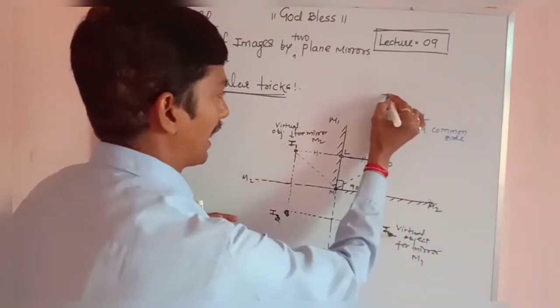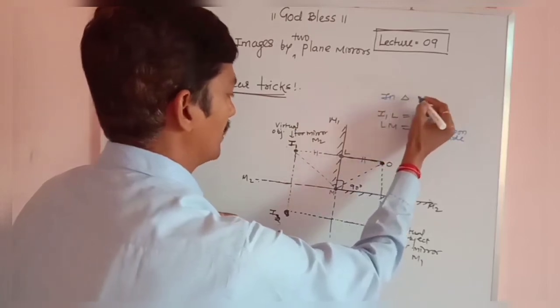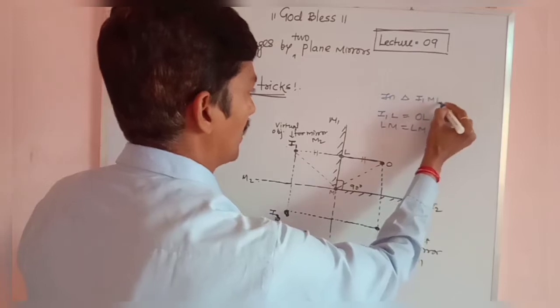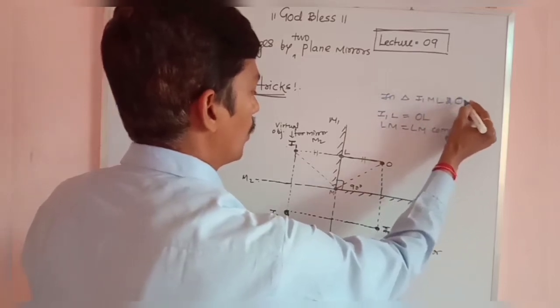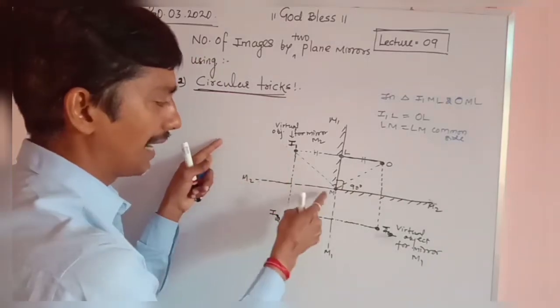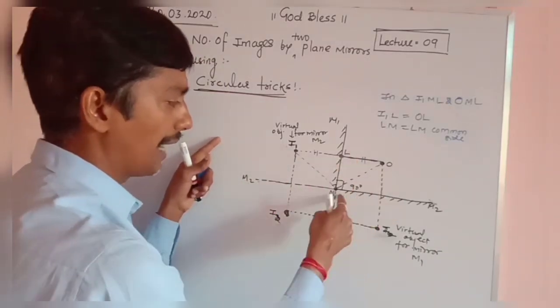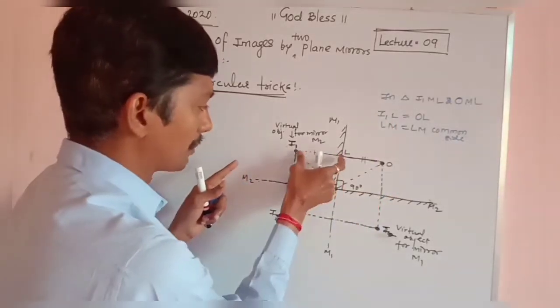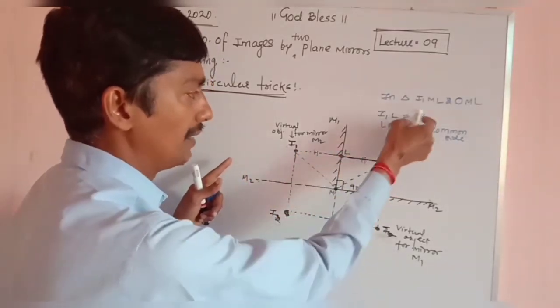So in triangle I1ML and OML, you can see I1L is equal to OL.